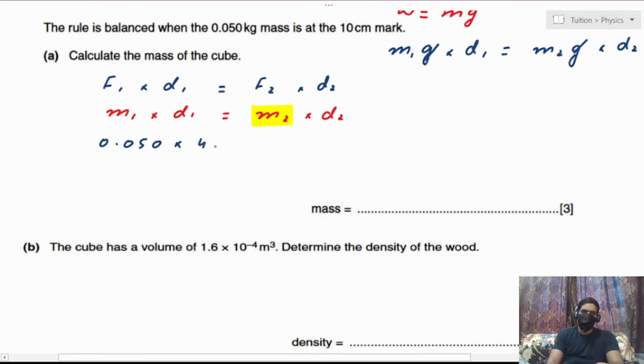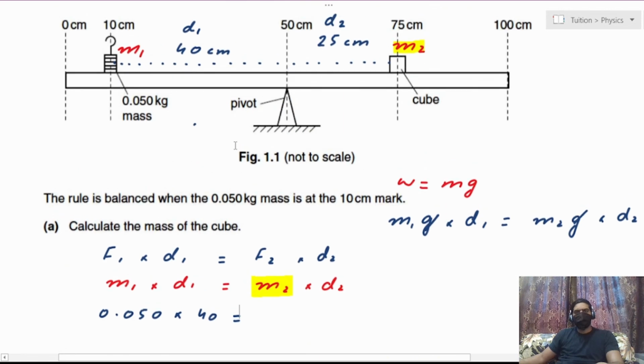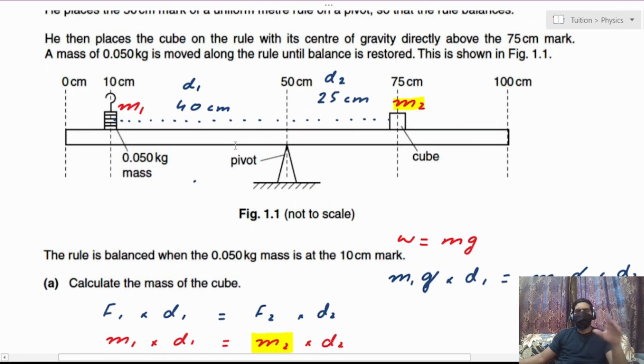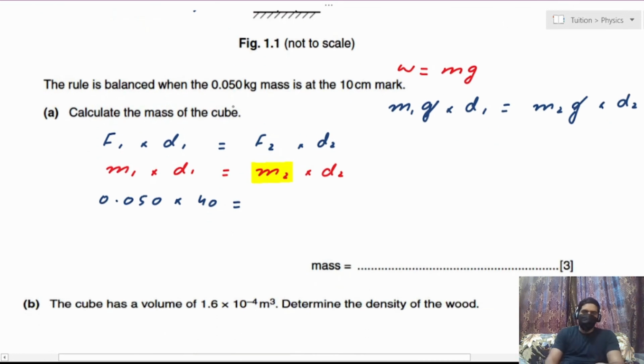We're not converting centimeters into meters because both the distances are given in centimeters, so that wouldn't make any difference. M2, we write down as it is because that needs to be calculated, times d2, 25.